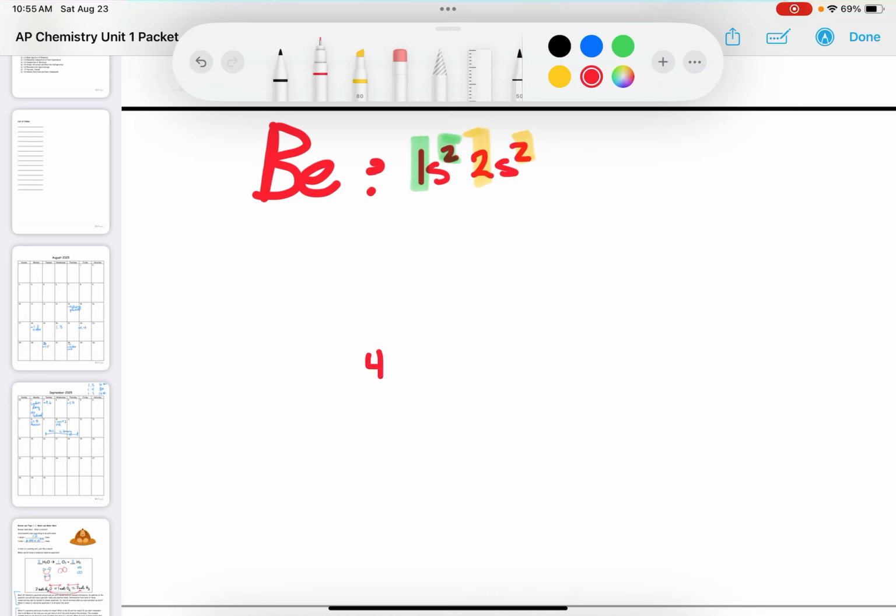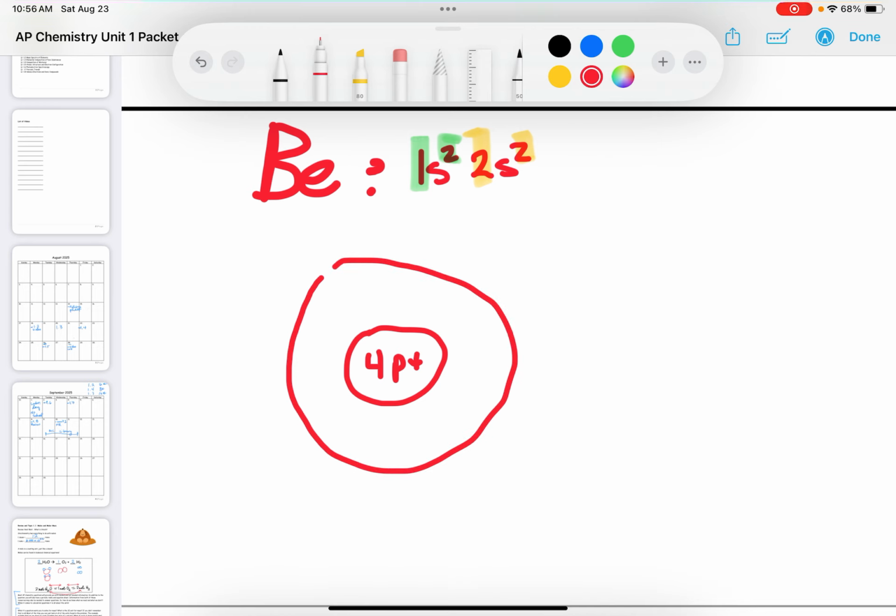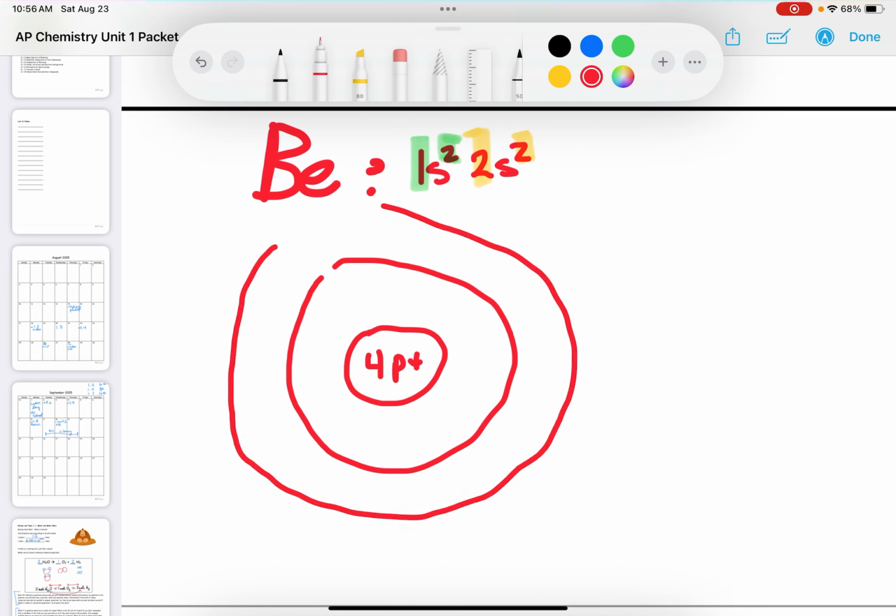So I'm going to have my 4 protons in the nucleus here, and then I need my first level, and then my second level. In this first level there are 2 electrons, and in the second level there are 2 electrons.